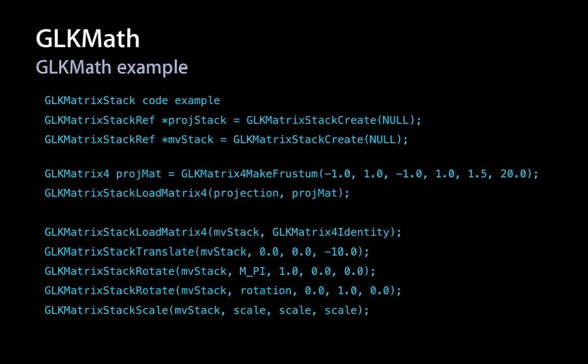I'm creating a projection stack and a model view stack, and I'm using a GLKMatrix4 type to create a frustum matrix, and then I'm loading that onto my projection matrix stack. Then, based on my model view stack, I load an identity, and do a number of equivalent ES1.1 transforms: translate, rotate, and scale. And yeah, pretty simple.